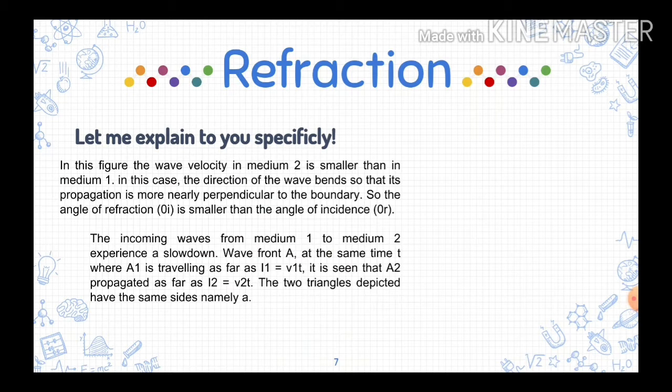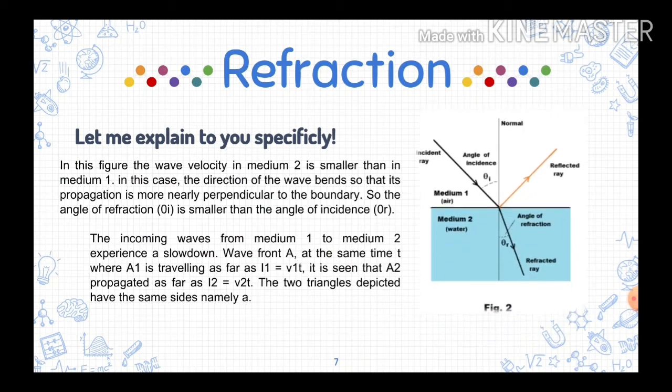Wavefront A at the same time t, where A1 is traveling as far as l1 equals v1 t, it is seen that A2 propagated as far as l2 equals v2 times t. The two triangles depicted have the same side, namely A. This is the picture, figure 2.